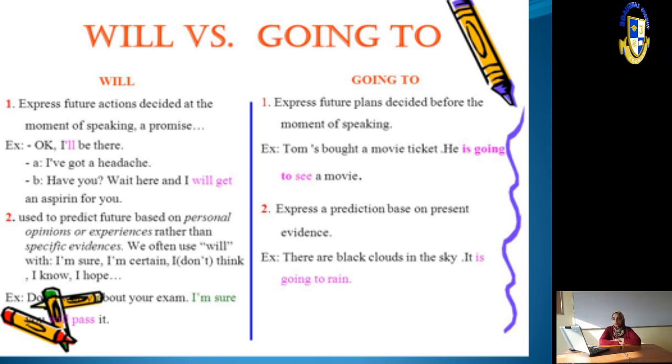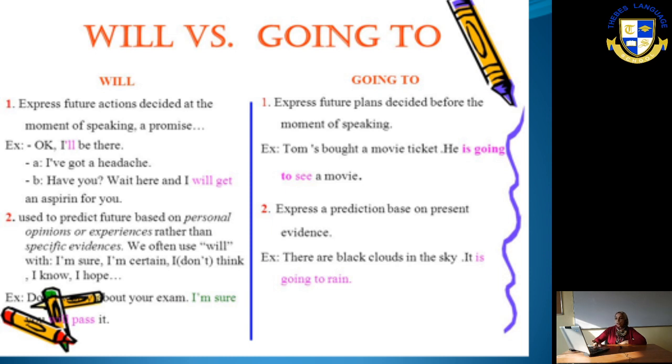Tom has bought a movie ticket, which means that he has planned to go to watch the movie. He is going to see a movie. That's why I say he is going. Why? Because he went out of his home and bought these tickets, which means that he planned to do so.